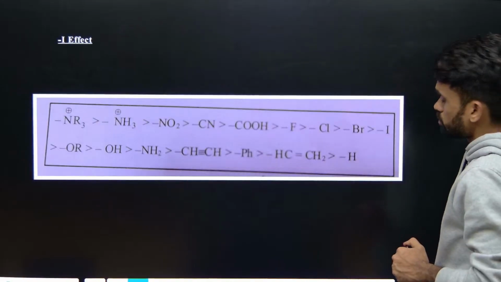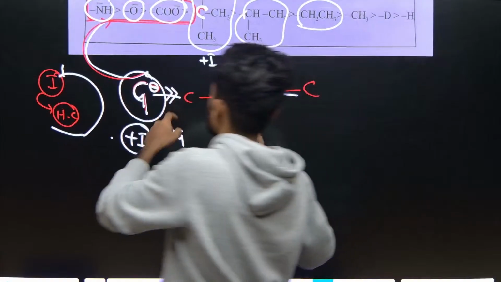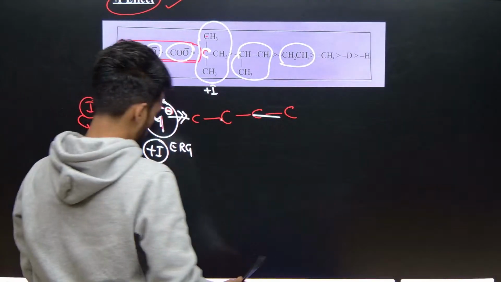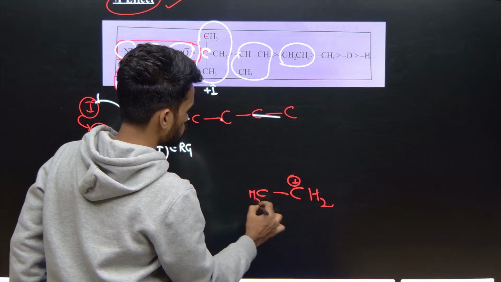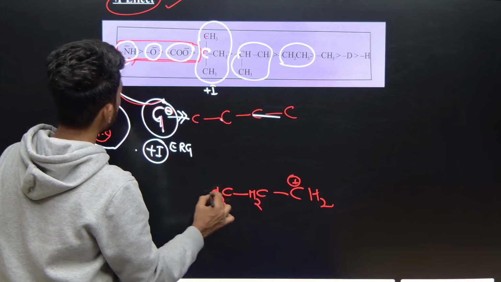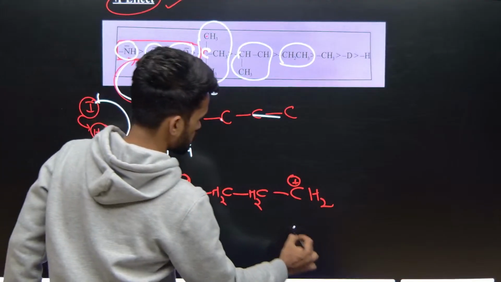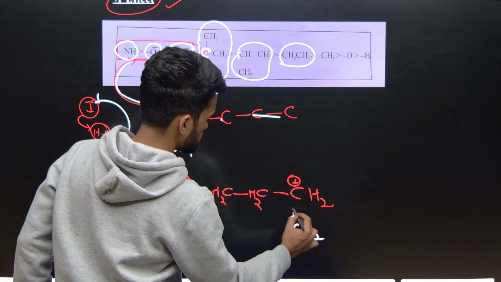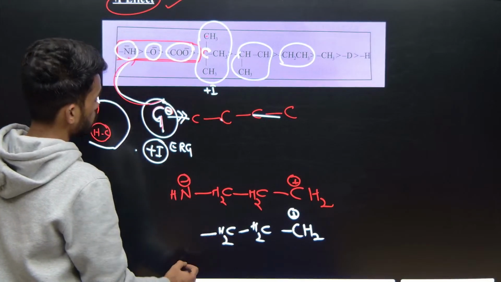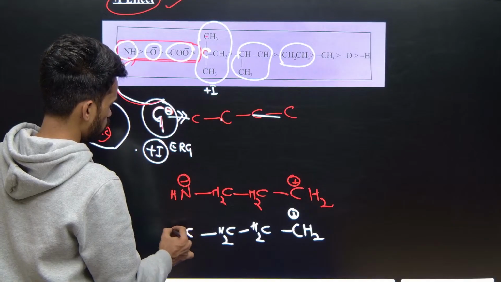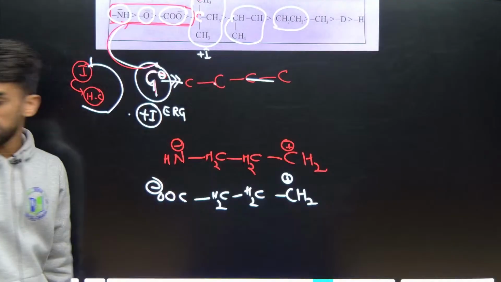Now, let me give you one application of this. See, I have a carbon chain here, CH2 plus, CH2, CH2 and NH minus, and the next, CH2 plus, CH2, CH2 and COO minus. Tell me which is the more stable carbocation out of these two.